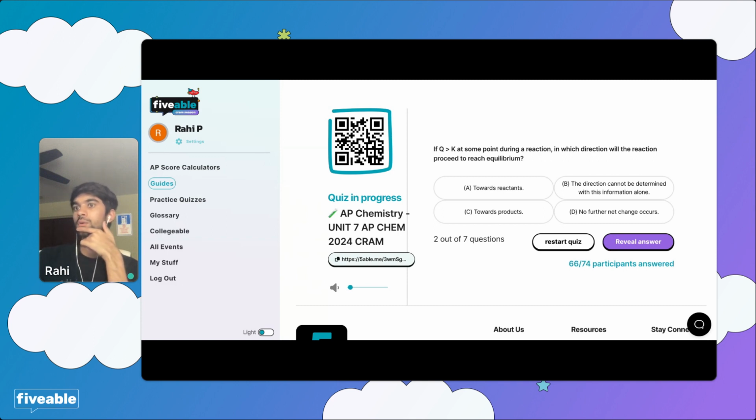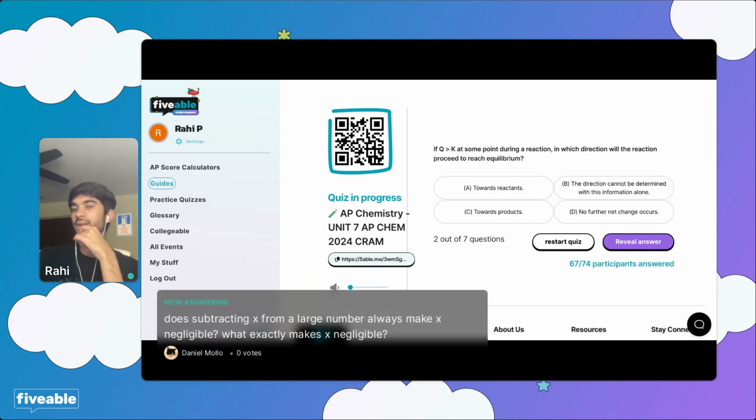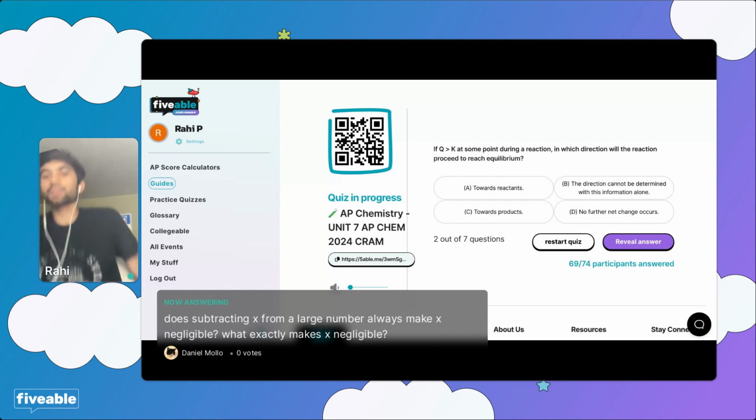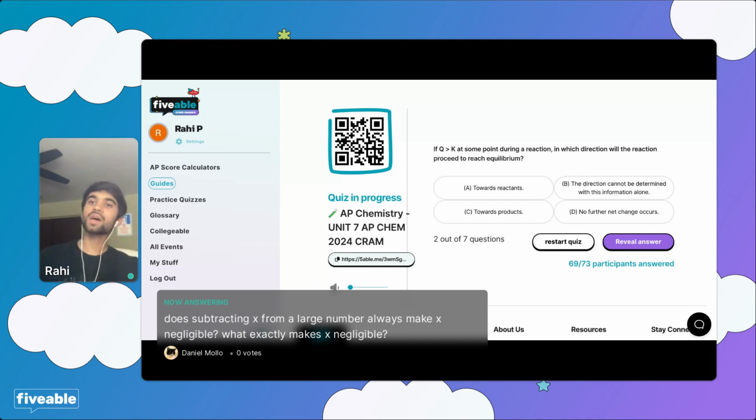Subtracting x, so here, real quick, I will talk about this. Typically, when you have a large number, x is within the range of something times 10 to the negative third, to 10 to the negative seventh. If you have something that's 0.3 molar, its effect will make it 0.2997 molar if it's negative third. That is effectively a negligible change.